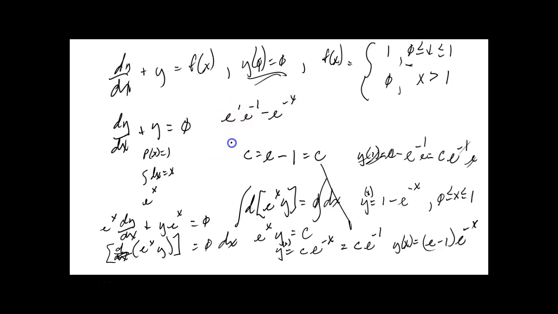Wait a minute, that's an x there. I said x and wrote 1. When I distribute, you get e times e to the 1 times e to the minus x, then minus e to the minus x. I've got myself lost here.